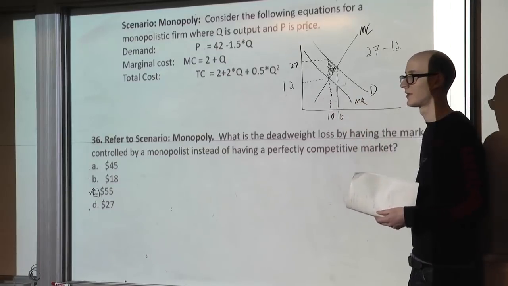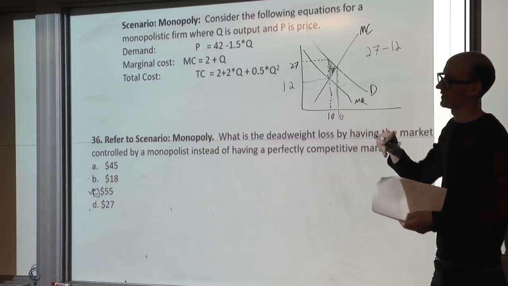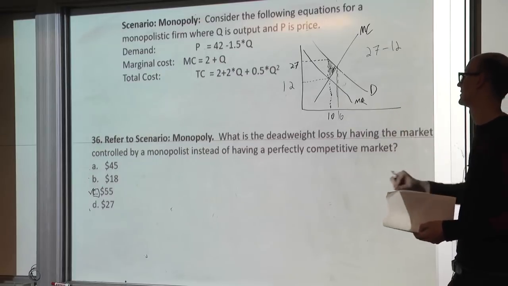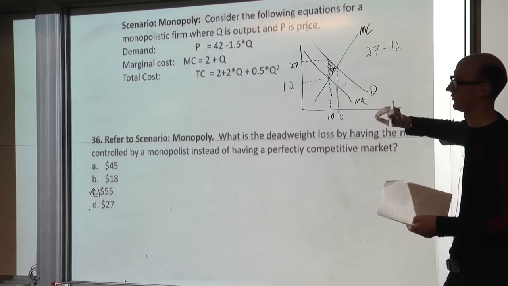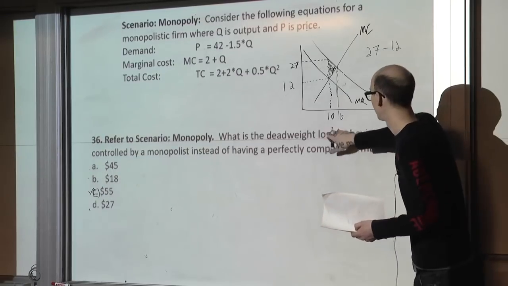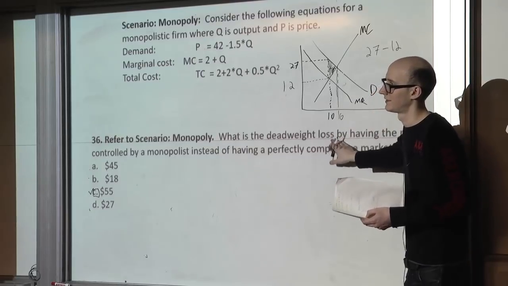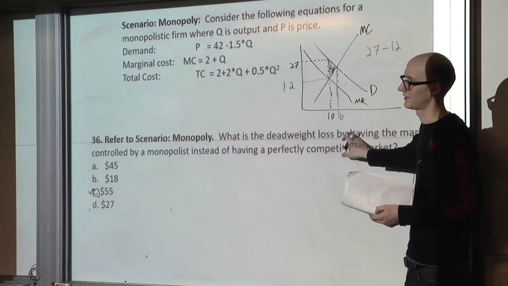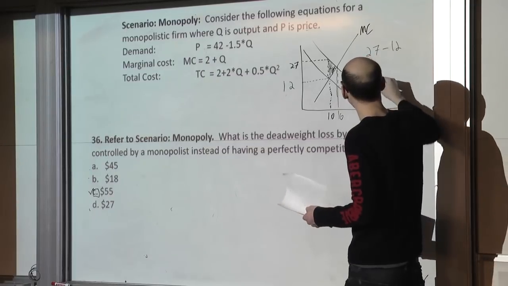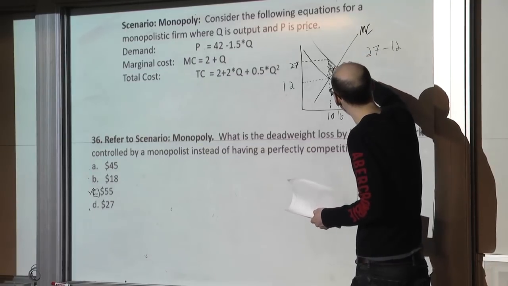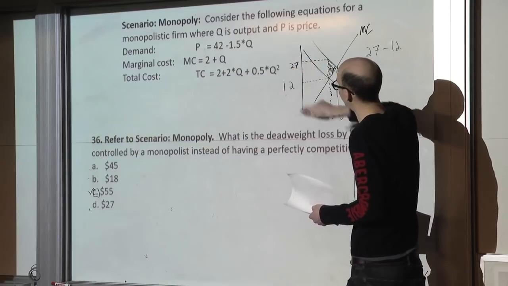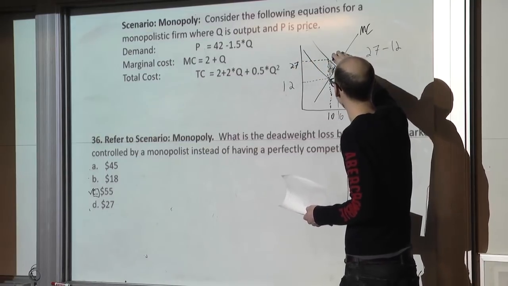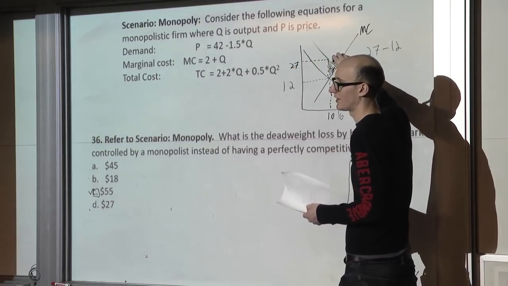So where is that given though? From the previous question, yeah. You would have seen in the previous question, when you solved it in 34, that the optimal quantity for monopoly is 10. And then 16 is the competitive quantity, right? So this is the marginal cost in the monopoly case. This is the price that they charge everyone.